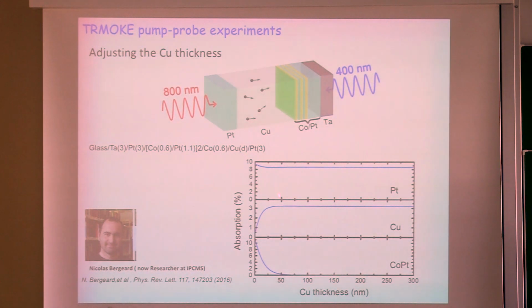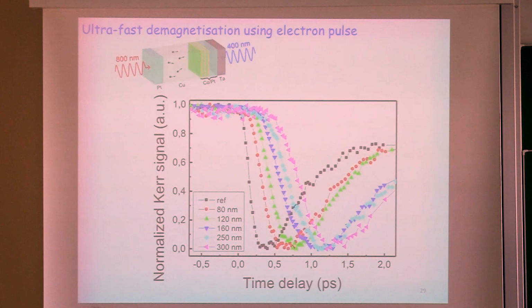What was also looked at is the absorption as a function of this copper thickness. And you already see that if you have a copper thickness larger than 50 nanometers, there's very little light that is interacting with the cobalt platinum. So if you go to 100 nanometers, it's clearly no light interacting with the cobalt platinum. So depending on the copper thickness, the reference is 0 copper thickness, 80, and we went to 300 nanometers of copper, you do see, again, this ultrafast demagnetization of the cobalt platinum.